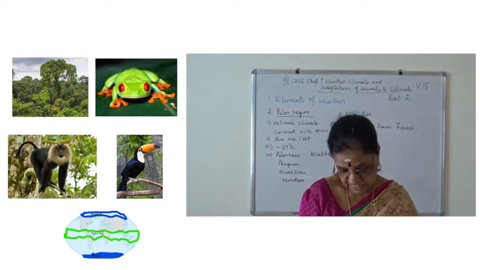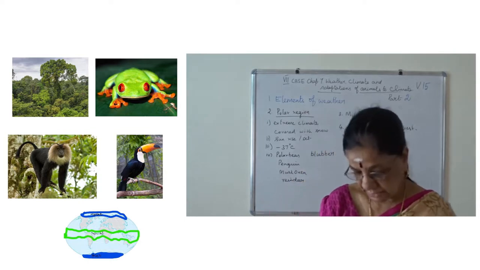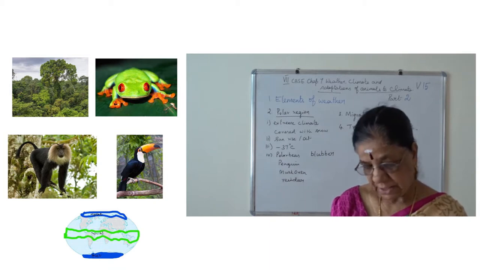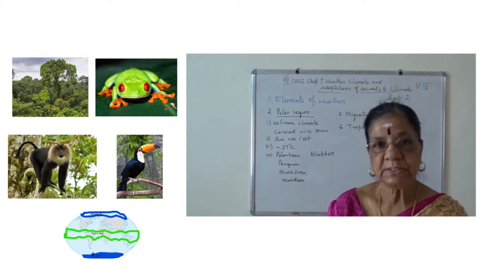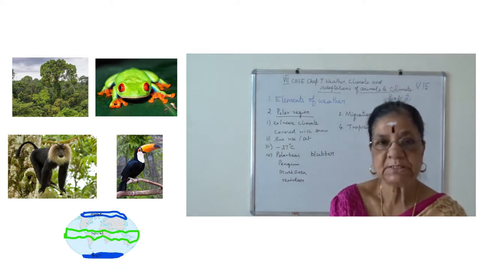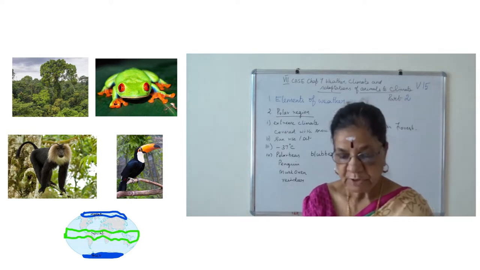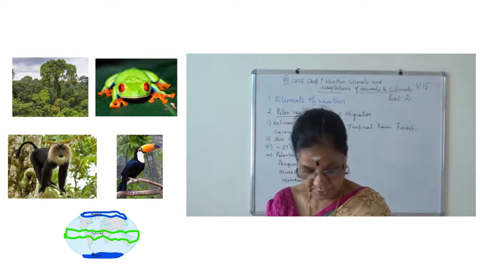So animals that live in hot and dry climates, like deserts, show several adaptations to deal with extreme temperature and shortage of water. First, we study hot and dry climate.